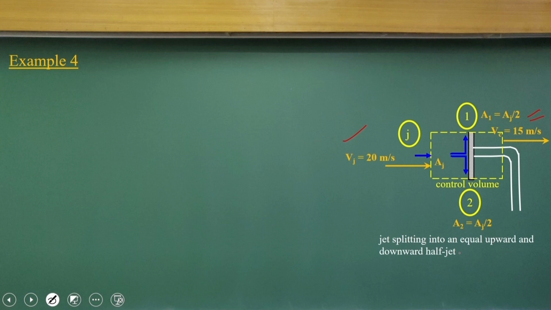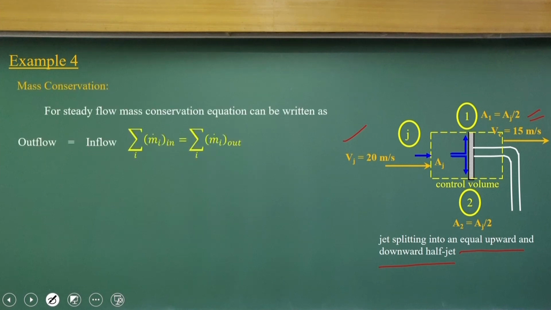The jet splits equally into an upward half jet and a downward half jet. Let us first apply the mass conservation equation: the mass influx is equal to the mass outflux.